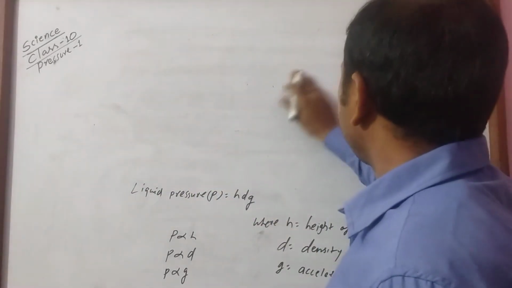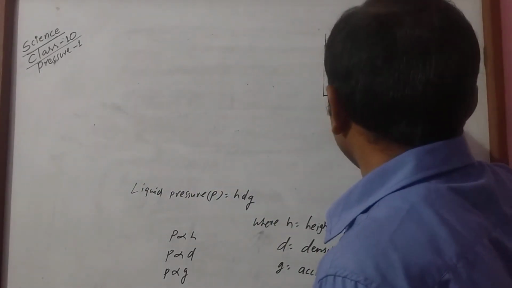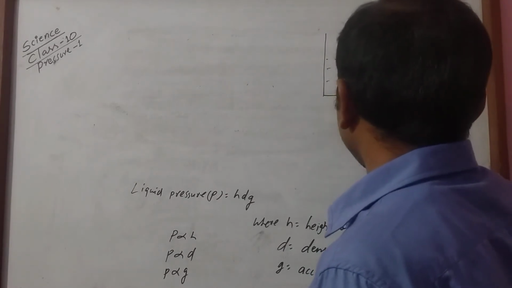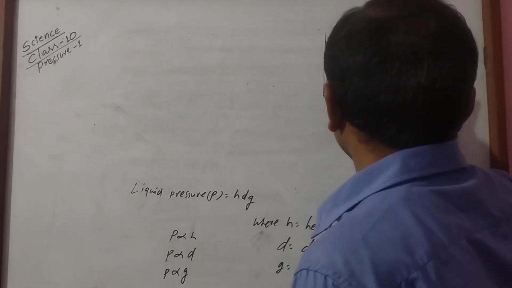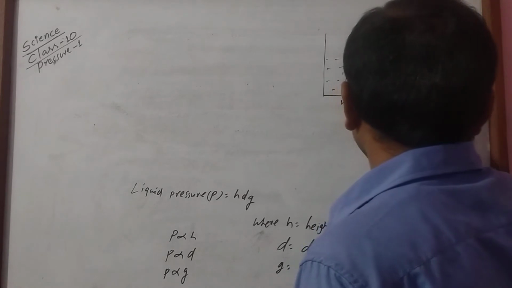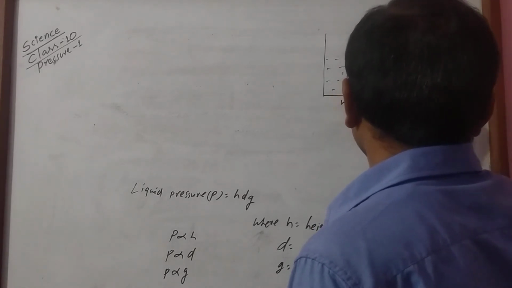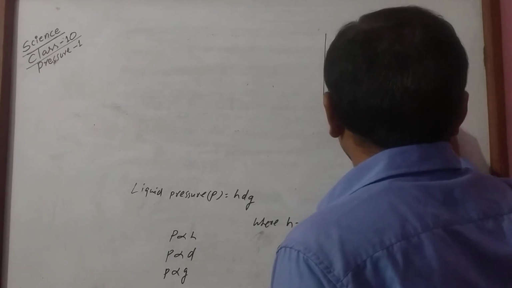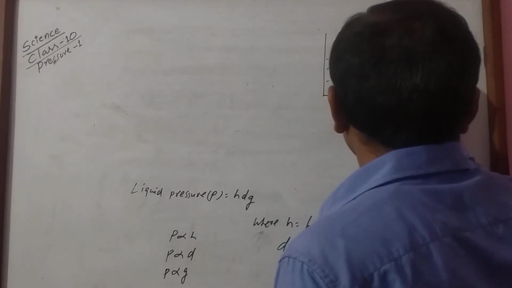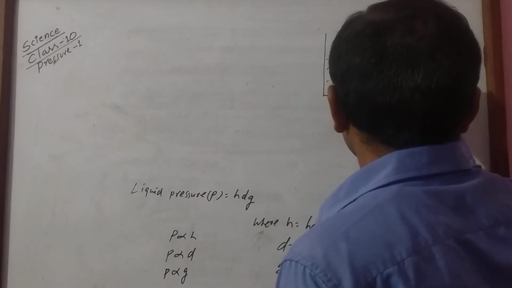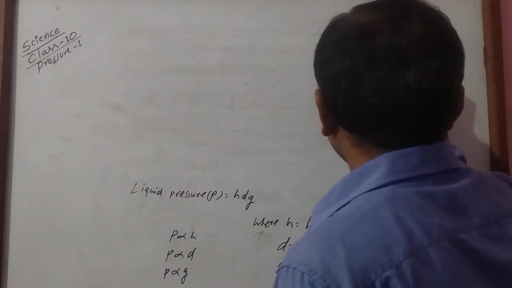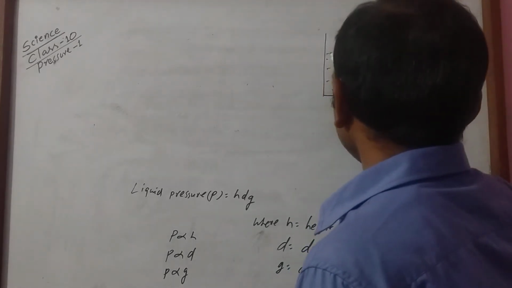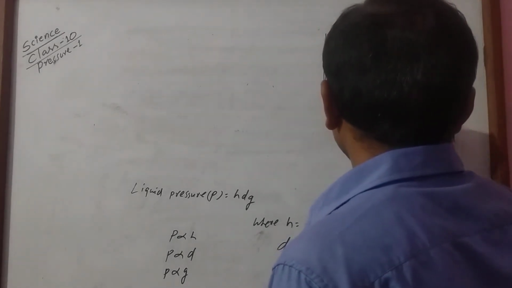It means we have two vessels like this, filled with liquid, water. Another vessel we have, it is also filled with water, with the same cross section area, and here h is 10 centimeter and 5 centimeter, the height of liquid column, with pressures P1 and P2.